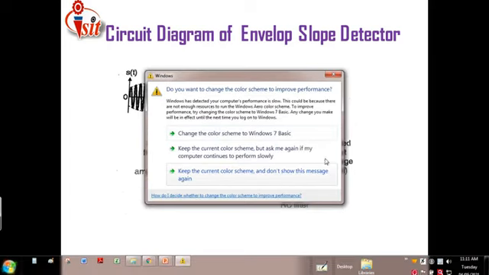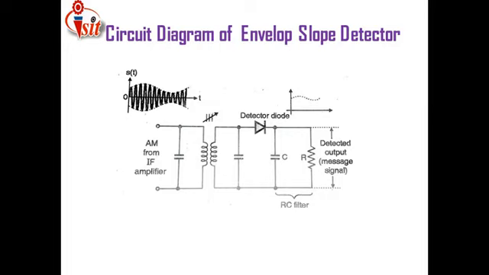And from that detector we also get the demodulated signal as an output. From the envelope, the demodulated signal is nothing but a sine wave. I have shown you along with the waveform.